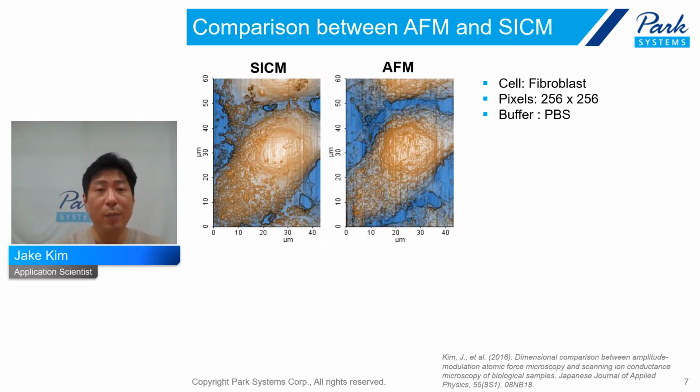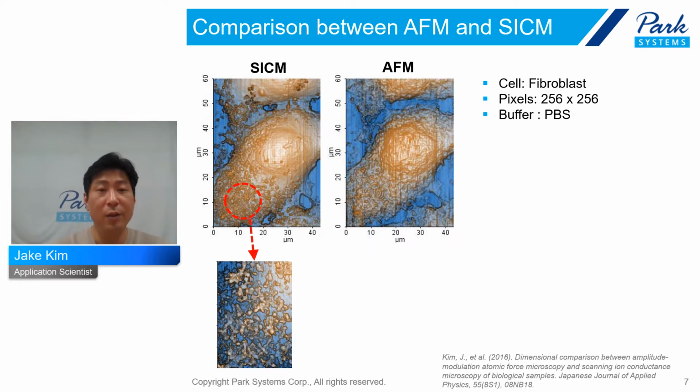Looking at the comparison images of AFM and SICM applied to actual fibroblast cells, this confirms that SICM represents even very small features on the sample surface very well, like this.